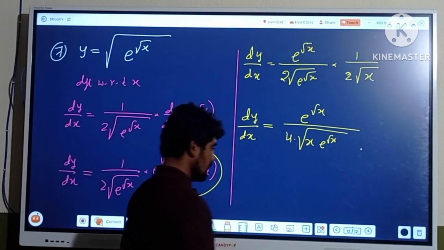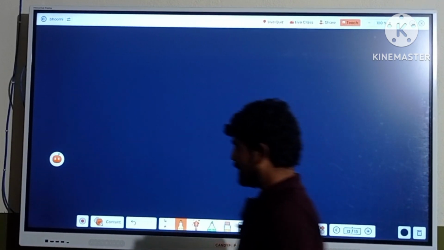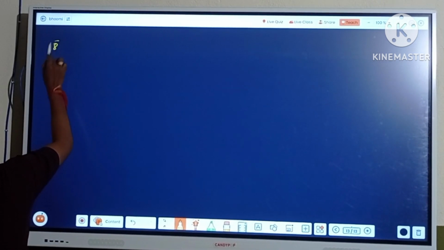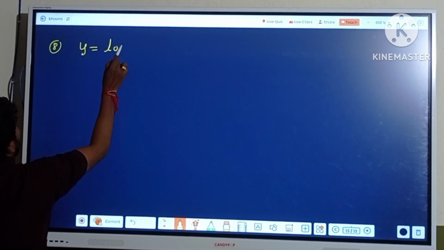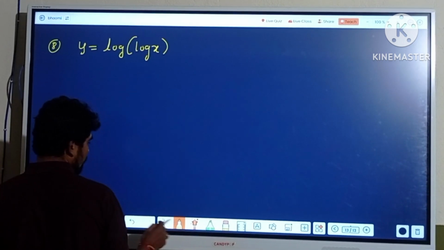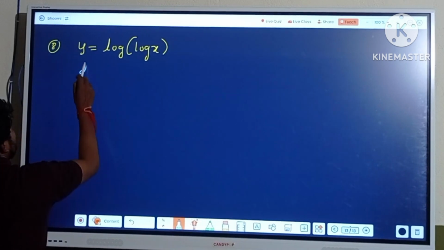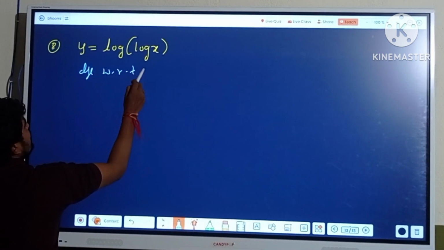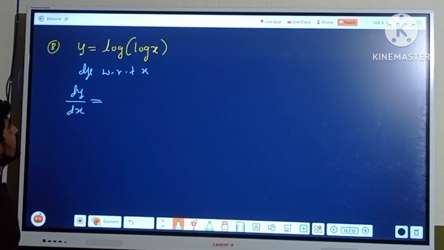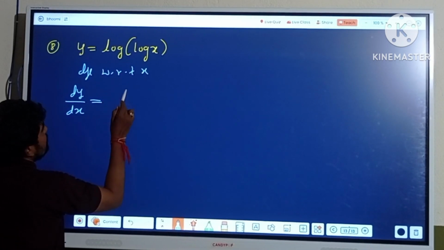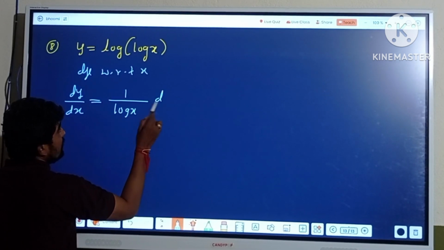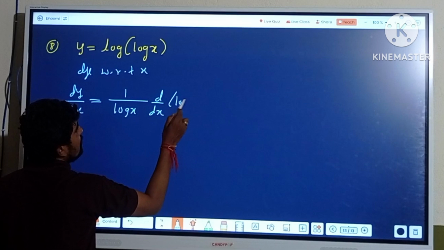Now, the eighth question is: find dy by dx for the function y equals log of log x. Now differentiate this with respect to x. So, dy by dx is equal to the derivative of log of something, which is 1 divided by something into the derivative of something.